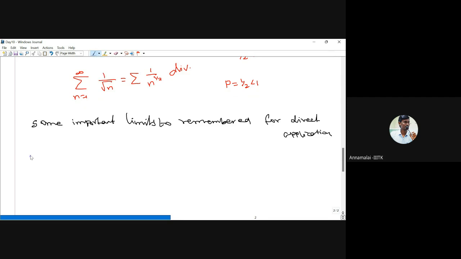The first limit is n power 1 by n. As n goes to infinity, the sequence n power 1 by n converges to 1. Therefore, the limit is 1.